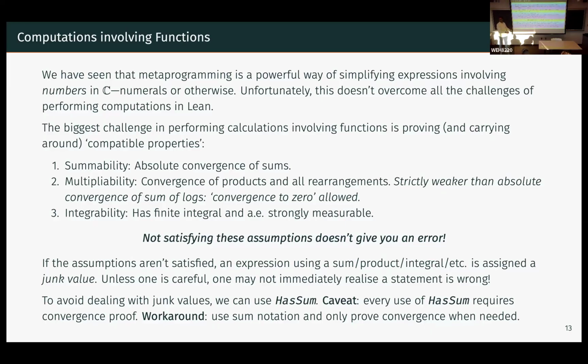Typically in the Lean library, if you want to say that f is less than or equal to g almost everywhere, then the integral of f is less than or equal to the integral of g, you need both f and g to be integrable, because otherwise you might get a junk value for one. But if you know that f and g are both non-negative, then you only really need a convergence assumption on g, because you can just do cases on f: if f is not integrable, the integral is 0, so it's trivially less than or equal to the integral of something non-negative.